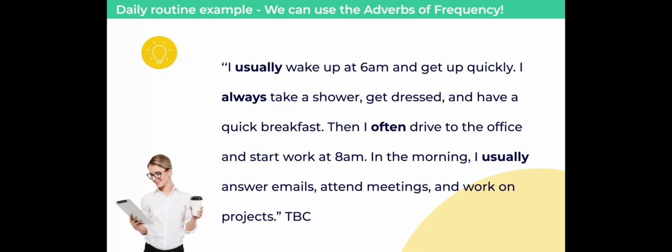slides of dialogue. I usually wake up at 6 a.m. and get up quickly. I always take a shower, get dressed, and have a quick breakfast. Then I often drive to the office and start work at 8 a.m. In the morning, I usually answer emails, attend meetings, and work on projects.